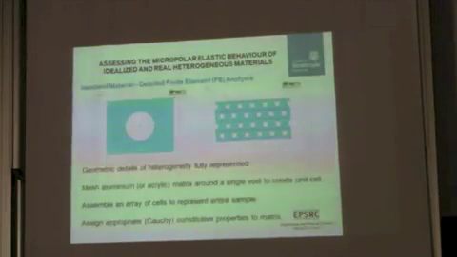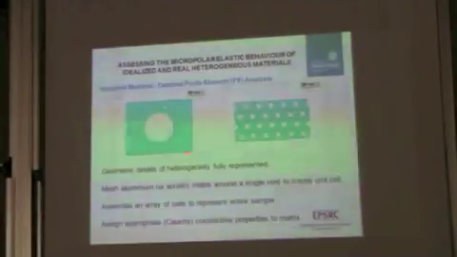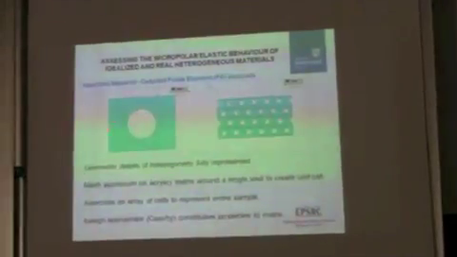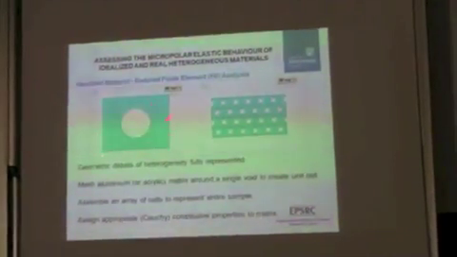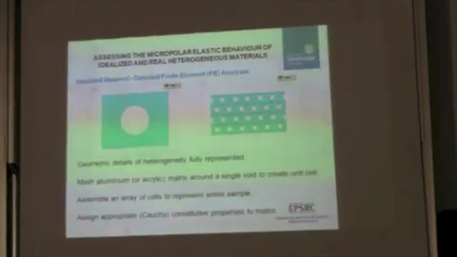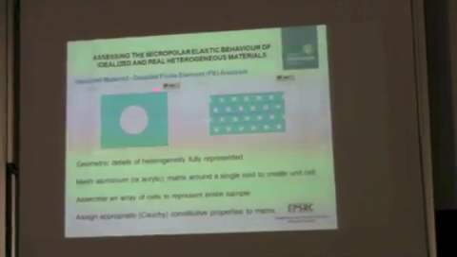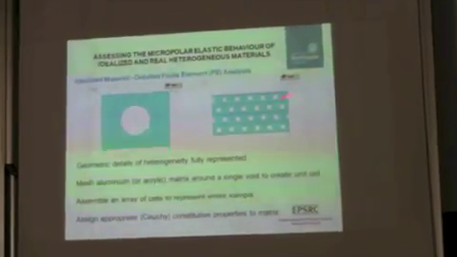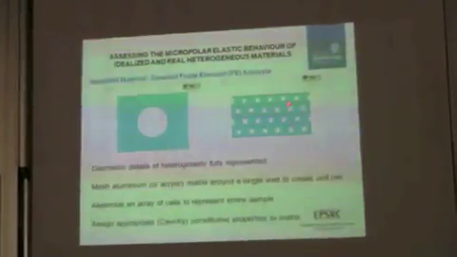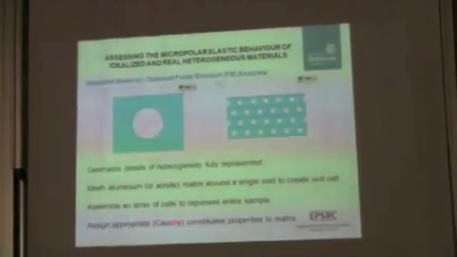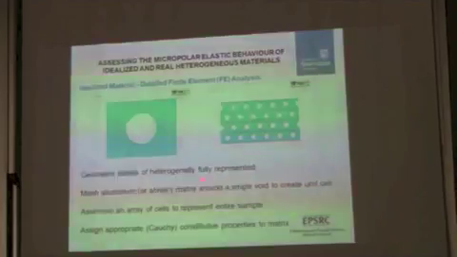The other beauty of these very simple materials with their periodic heterogeneity is that we can build finite element models of them. And in these finite element models, we model the full geometric detail of the heterogeneity, so each void, we create a sort of unit cell with a mesh around it, and then we do a kind of naive thing in that we assemble these unit cells into a finite element mesh of the whole sample, and we assume that the mesh material behaves as a classic Cauchy elastic material.